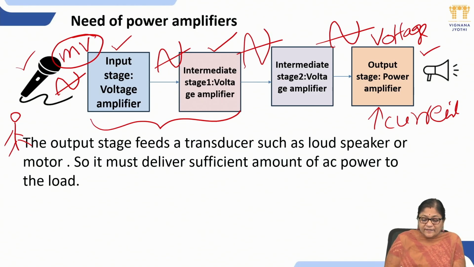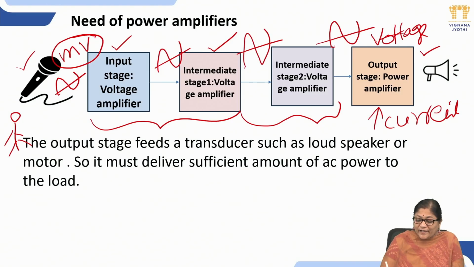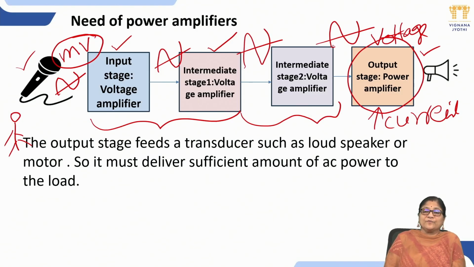The first stage is a voltage amplifier, and the intermediate stage is also a voltage amplifier, extended for further gain. I have used 3 stages for amplifying in terms of voltage, and finally the final stage should also add current amplification. Whenever you want a signal amplified with enormous amounts of power, we require a power amplifier at the last stage.